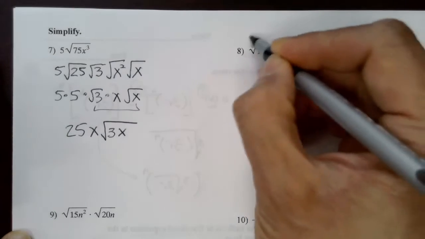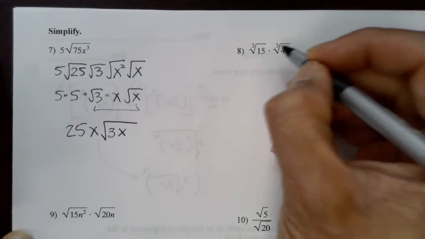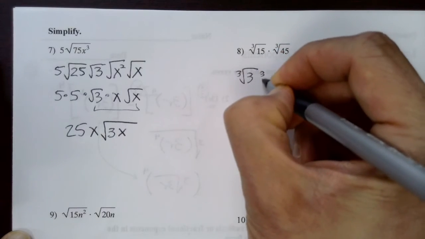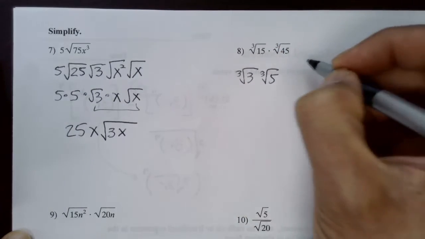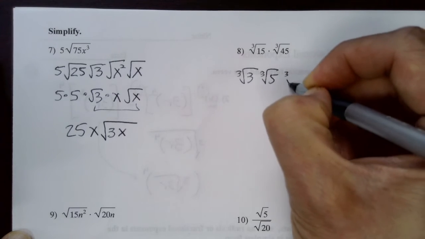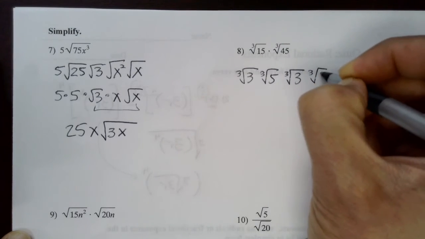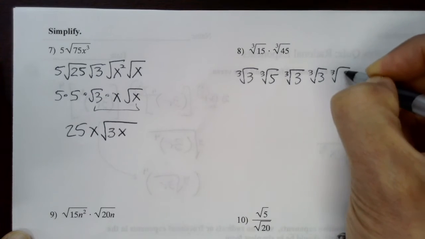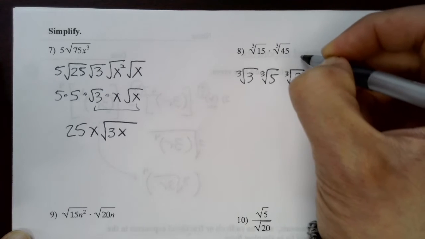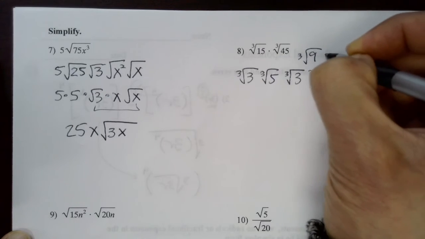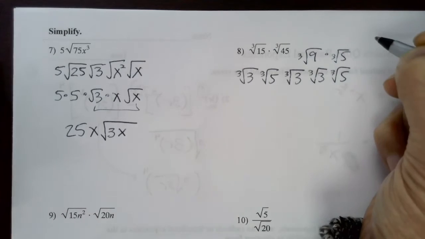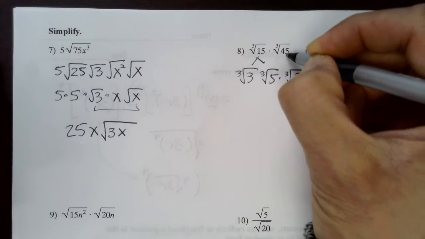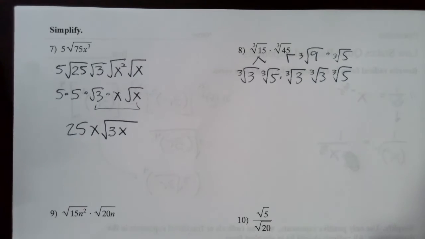Right over here, I'm looking for perfect cubes. I don't have any in them individually, but I have a 3 and a 5 from 15. And then over here, I've got cube root 3 times cube root 3, or cube root 9. Right, because 45 is 9 times 5. So that's where that came from. So here's 15. 45, you could think either of those two ways.